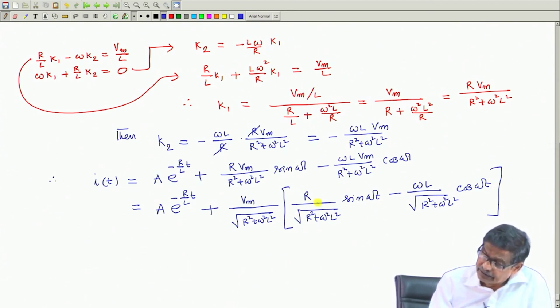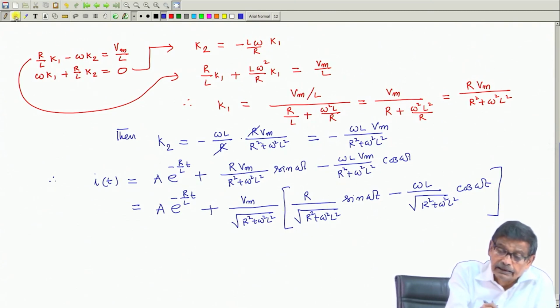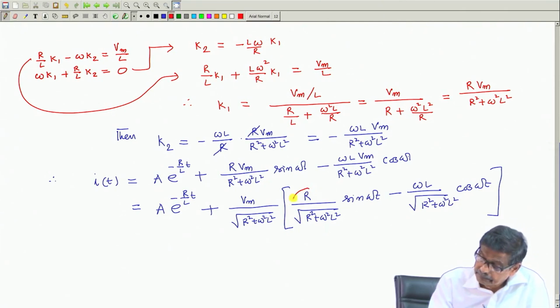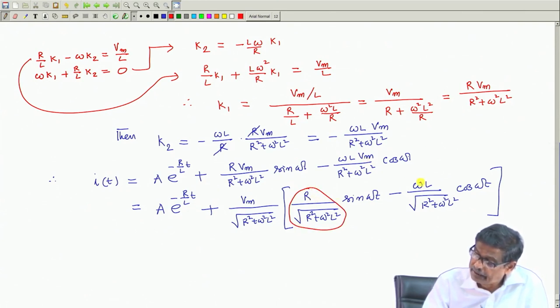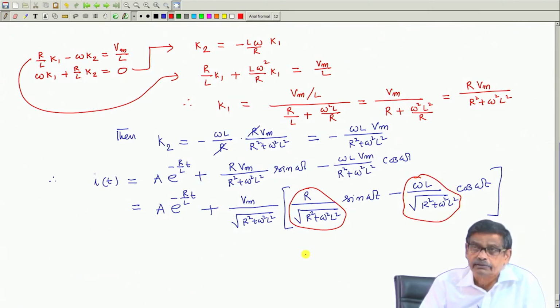Now, these two things you see, this term square and this term square give you 1, is it not? This square plus this square will give 1.